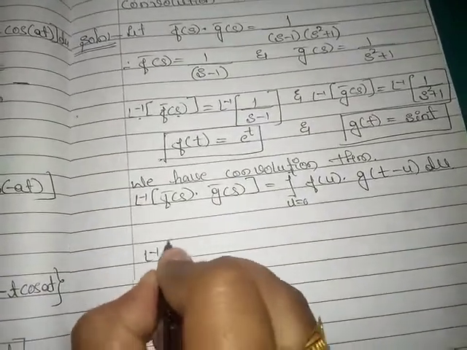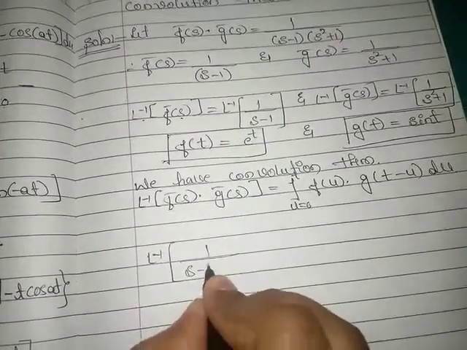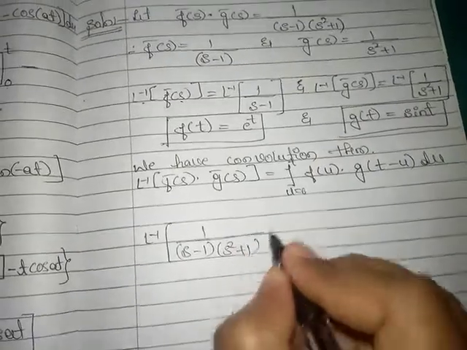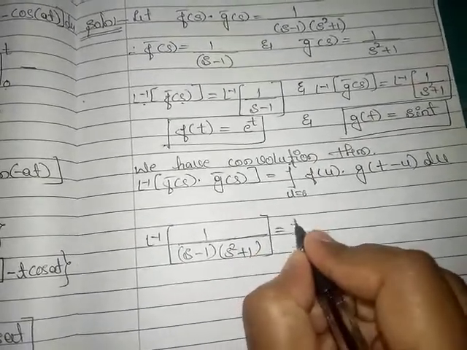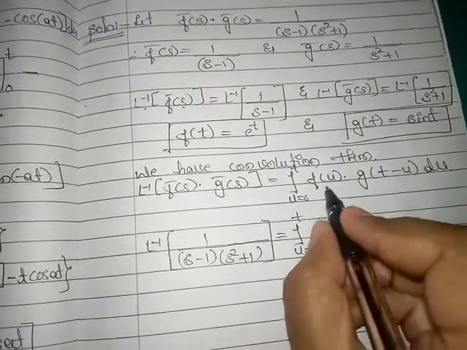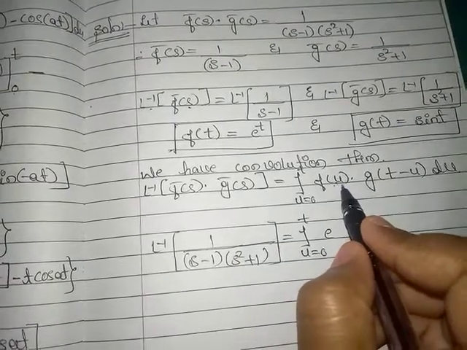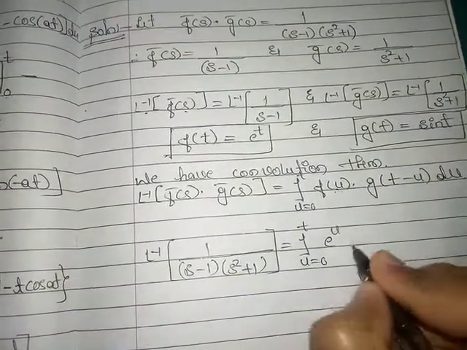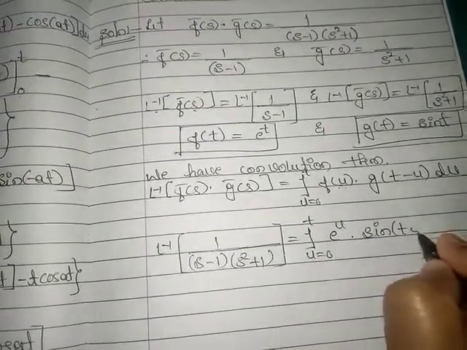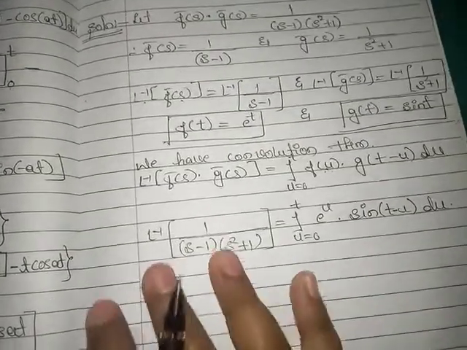Then L inverse of 1 divided by (s minus 1) into (s square plus 1) is equal to integration from u equal to 0 to t. This f of t can be written with u as our variable, therefore it is e raised to u into sin of t minus u, du.